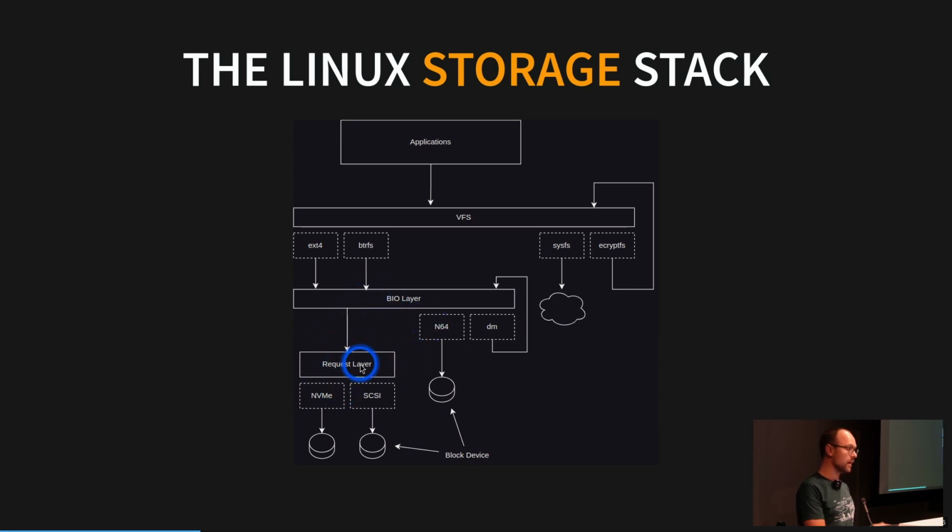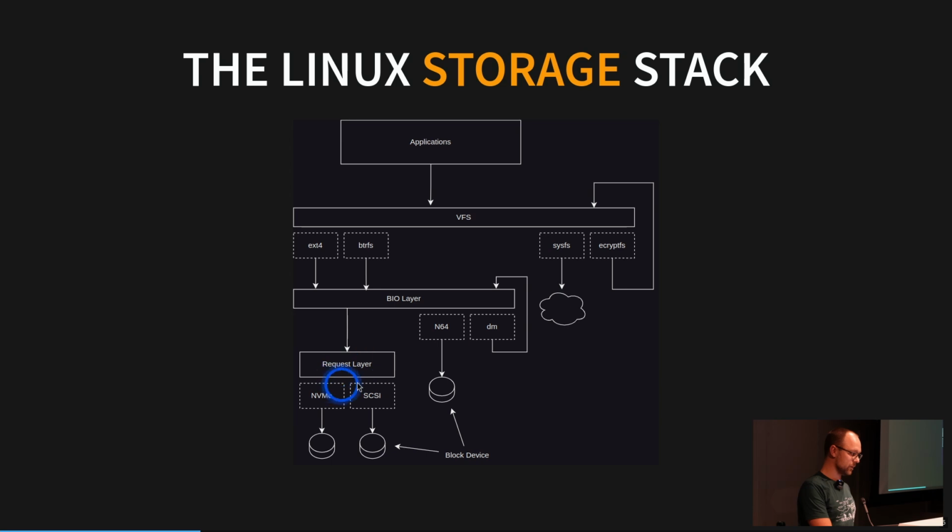Because in the request layer, we have mechanisms to queue IOs in per-core queues and do scheduling on these queues, like fairness scheduling or quality of service, and manage distribution of IO into different hardware queues.